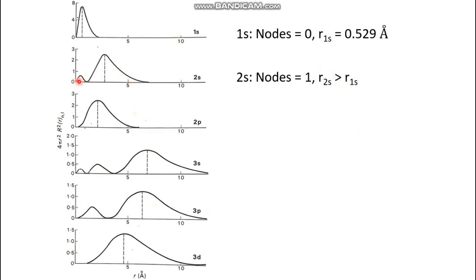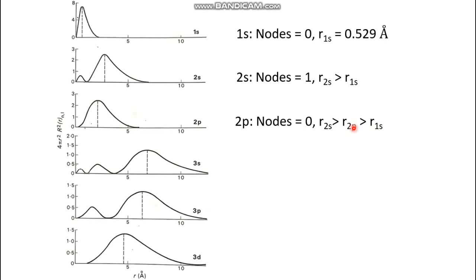Actually, there are 2 radii. This one is the first one, this one is the second one, but we have to take that one which has the maximum probability, so that is this one. Similarly, for 2p, it does not have any node, and this 2p is less than 2s, but according to the principal quantum number, it is greater than the 1s.